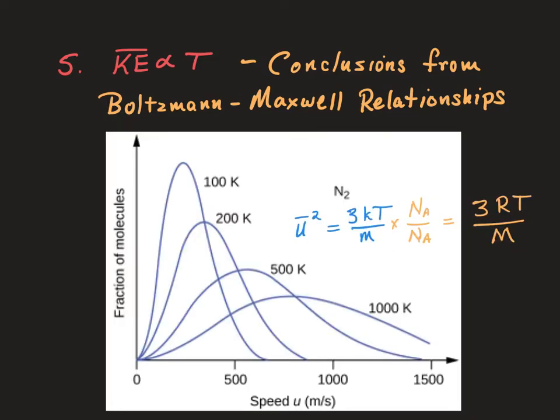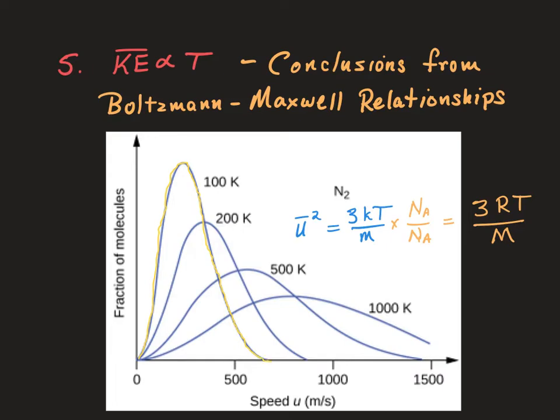Here we're looking at the same distributions, the speed of the molecules versus the number of molecules that have that speed, but we're doing it at different temperatures. Look at 100 Kelvin: the average speed is lower, and we get this kind of distribution.